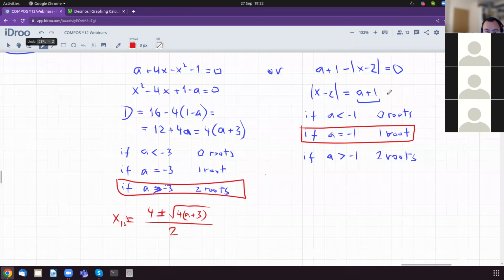And here, |x - 2| = a + 1, so x is equal to 2 plus or minus (a + 1).